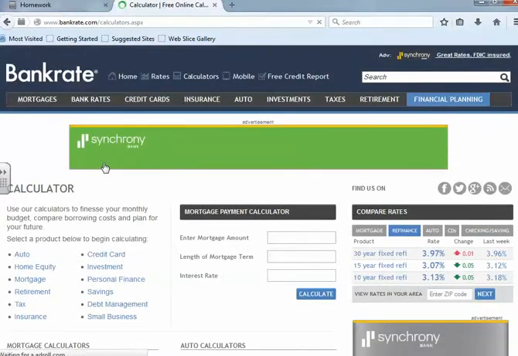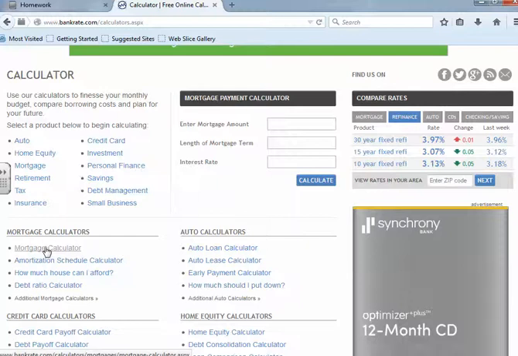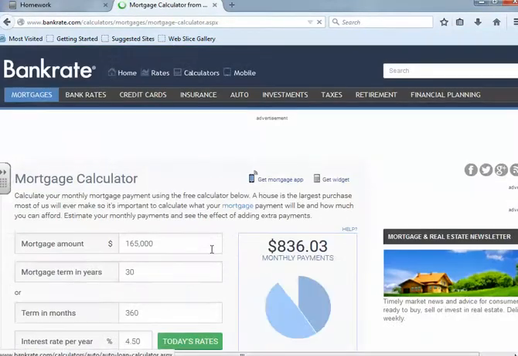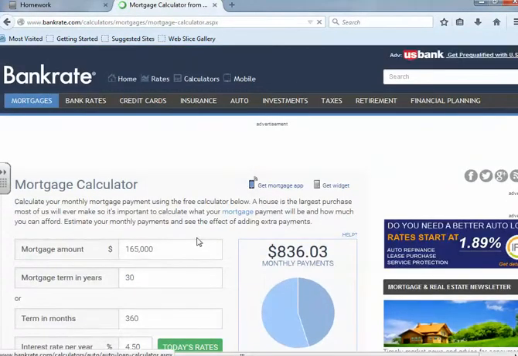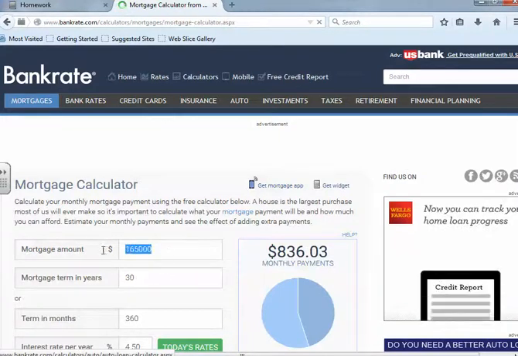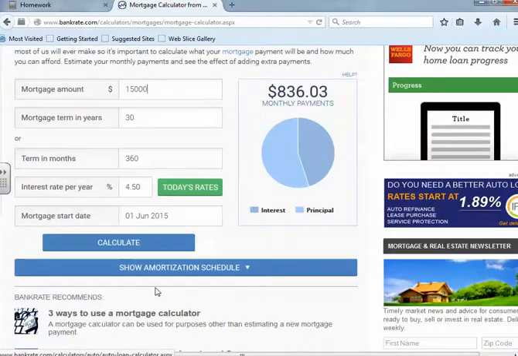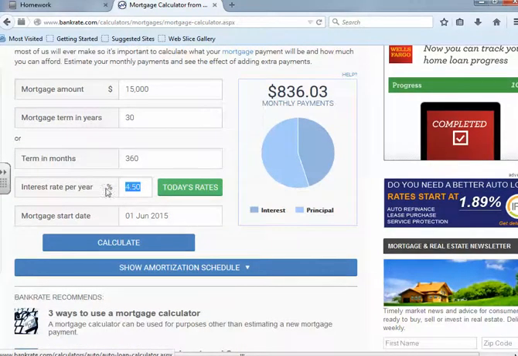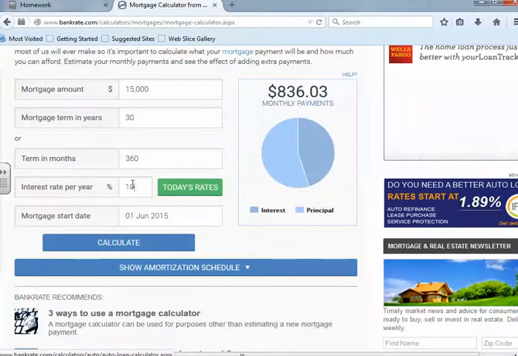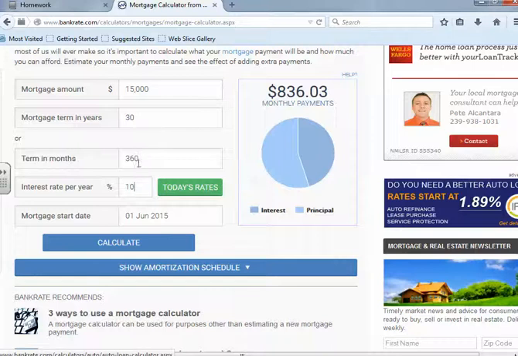And then when the new page comes up, scroll down a little bit and there's a mortgage calculator. Click on that. Now we're going to do the $150,000 at 30 years for 10%. So the amount, of course, is $150,000, 30 years. The rate is 10% as a decimal, so we've got 30 years, which is 360 months, and then go ahead and hit calculate.